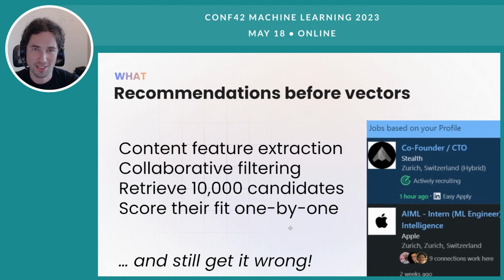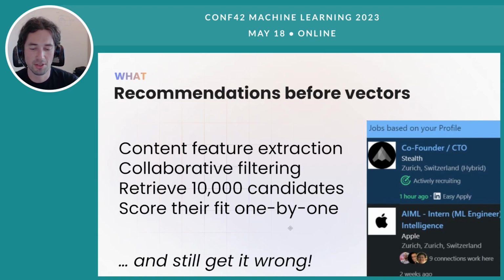This whole system takes months to build. Typically, it's done in a custom way. And even for a very large company, it can still miss terribly. So search and recommendations are still an open problem.